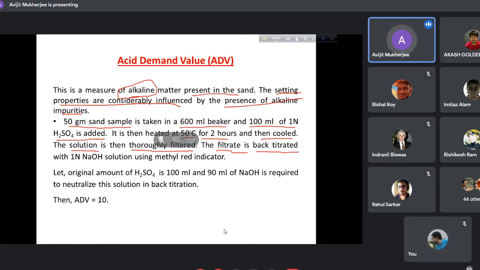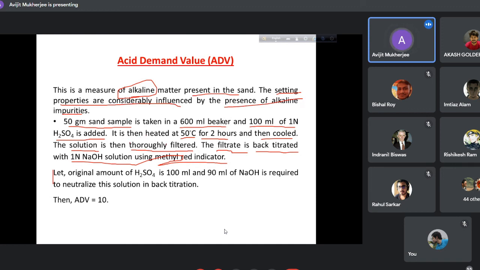So it is back titrated using one normal NaOH solution and methyl red indicator and all this. We don't require this in detail, because if laboratory work is to be conducted, then these will come. But if theoretically you should answer some question, you should answer like this.